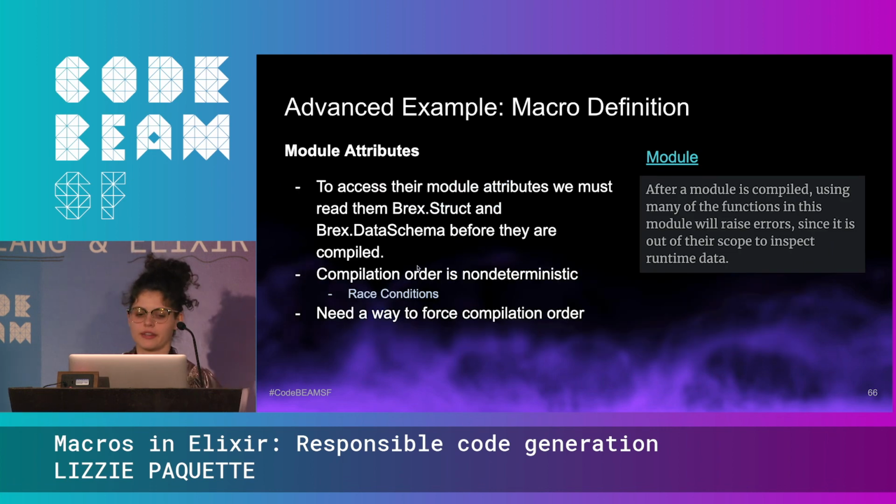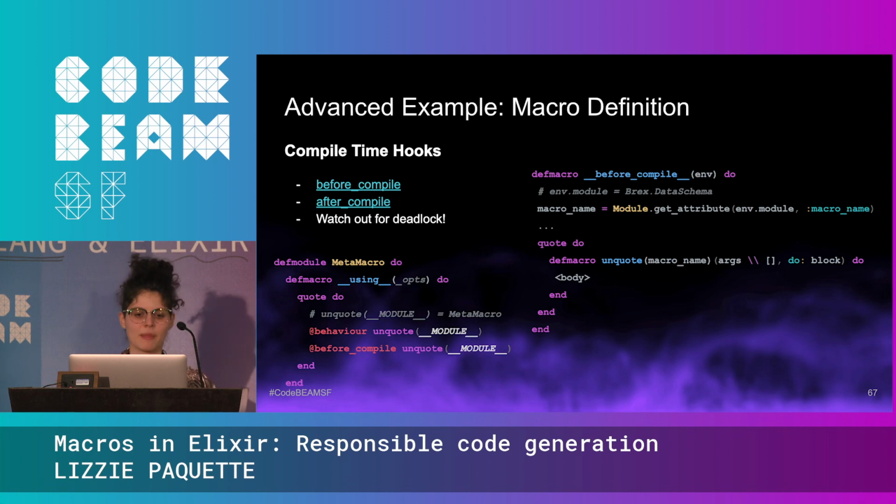But of course, there are some compilation race conditions here because you need Brex struct and Brex data schema not to be compiled yet, but you do need their files to be open, and you need to have read the module attributes. So you're facing some race conditions, and so we needed a way to force compilation order. Elixir provides 2 ways: before compile and after compile.